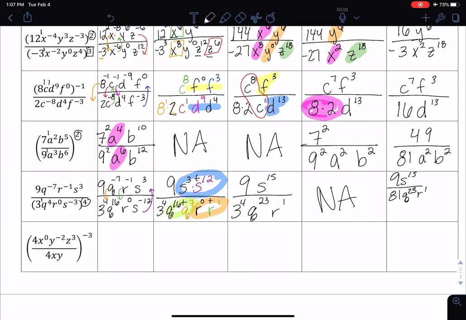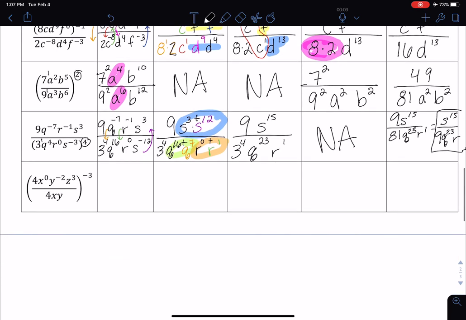Okay, and now I just have to reduce. 9 divided by 81 is going to be 1 over 9, which is just going to be s to the 15th over 9, q to the 23rd, and then r. And you don't have to write the 1 for the 1st power, but you can if you'd like to. And that's our answer. Okay, last one.